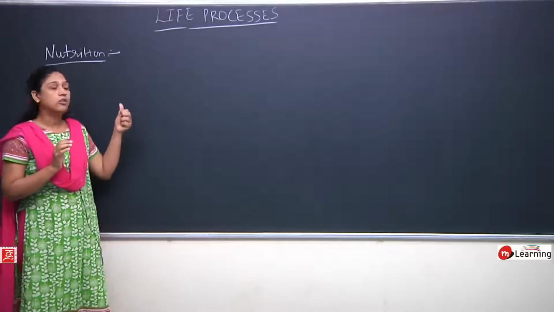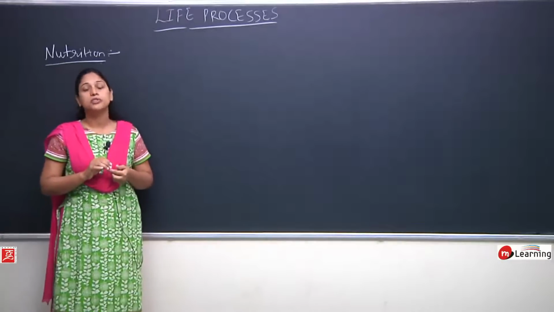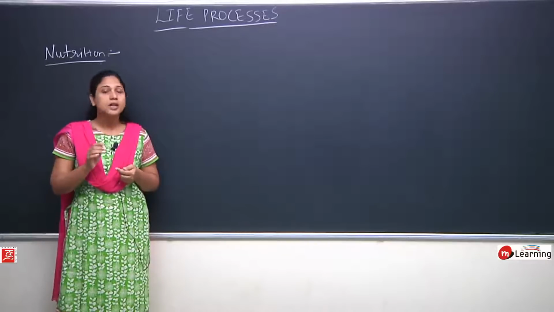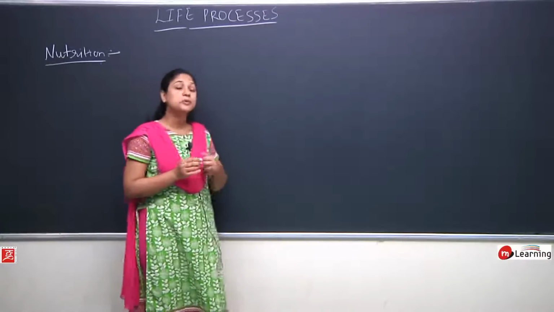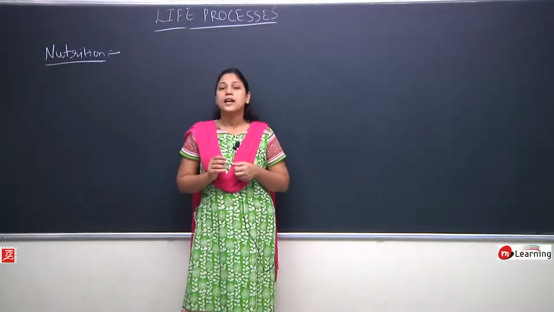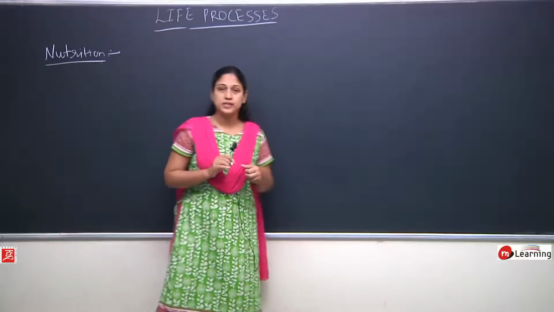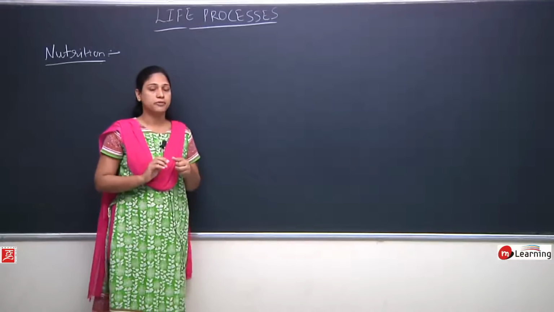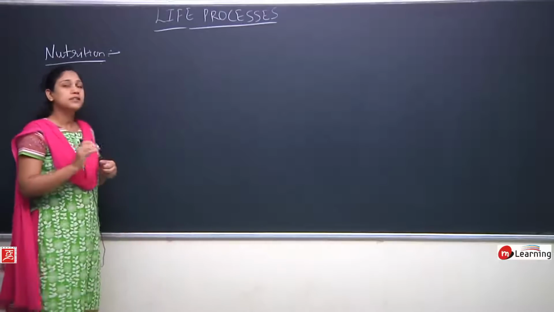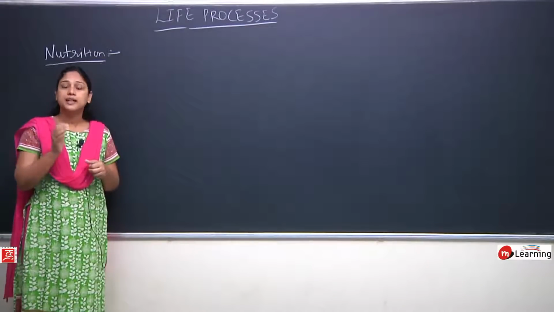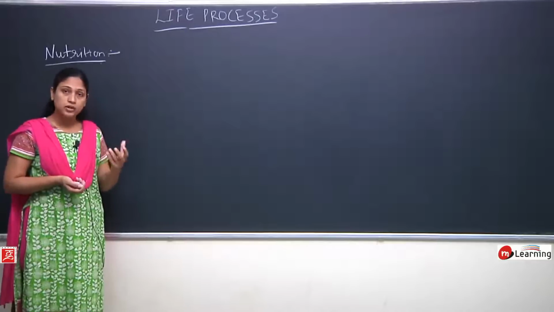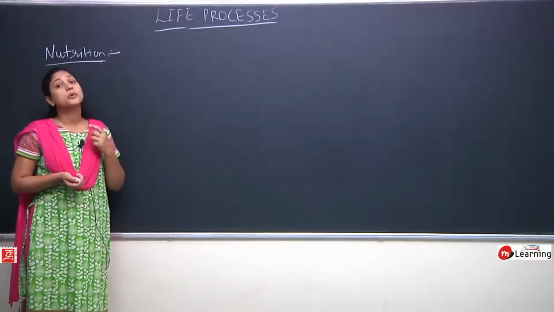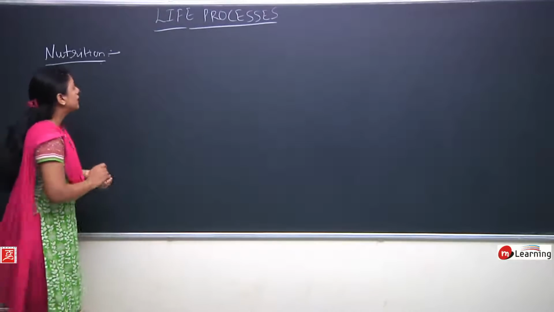In the autotrophic mode of nutrition we already know that plants are the autotrophs and they produce their own food, and so they are called autotrophs. And I would like to tell you that because plants produce their own food, they are also called producers.